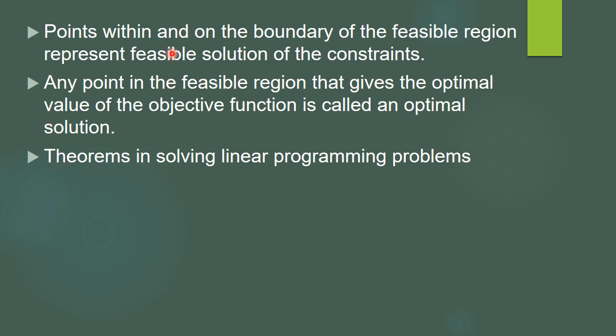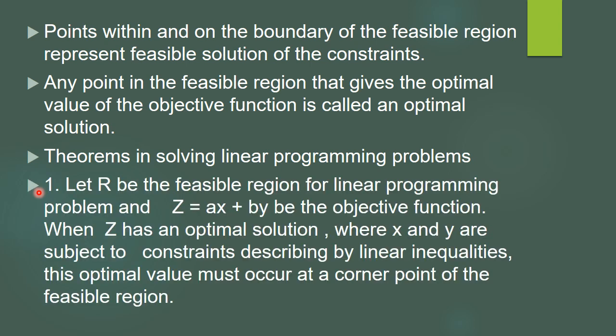These two points state that whenever we get a feasible solution or the optimal solution, it always lies inside the feasible region. Now the theorems: first theorem. Let R be the feasible region of a linear programming problem and Z = ax + by be the objective function.